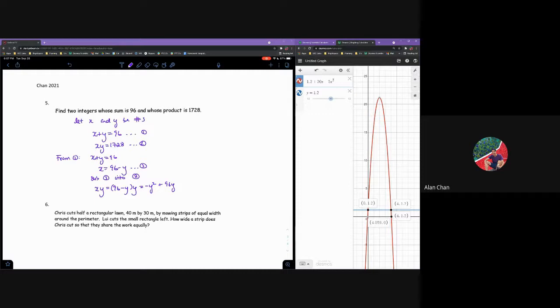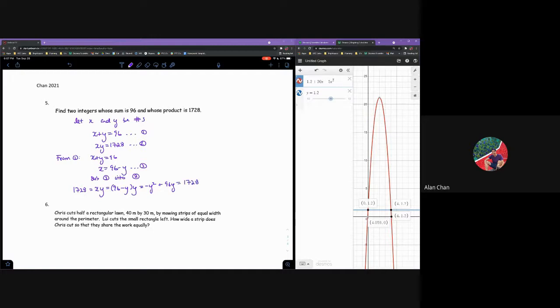The way we do this is that we need to set everything to one side. Now, we know the product is 1728, so we probably should insert that somewhere. So xy is equal to 1728. Sorry, I probably should have put that at the very beginning. Oh, I did. Anyway, so we substituted our y in. We know this is equal to 1728.